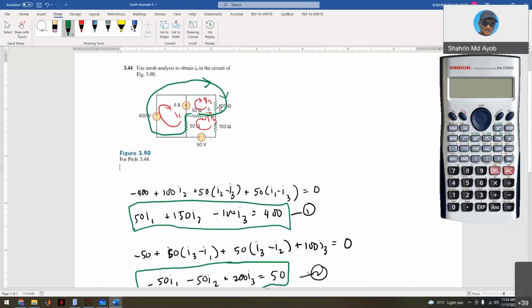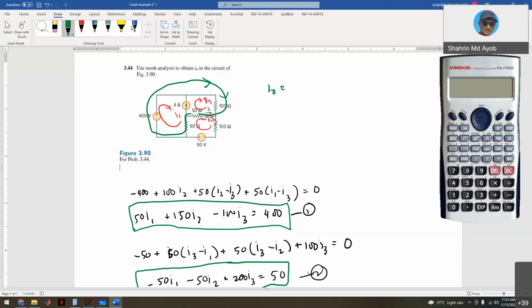Then to obtain the answer for IO, for clockwise, you need to look at the direction of the current. Since you are using clockwise, please be consistent, do not change. So IO is based on the assumption that you made.